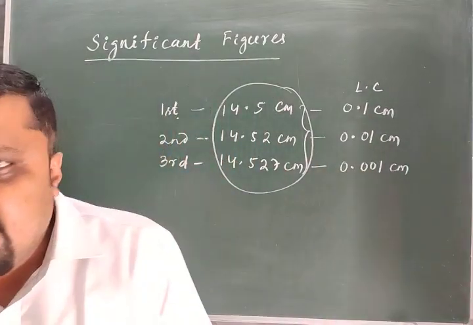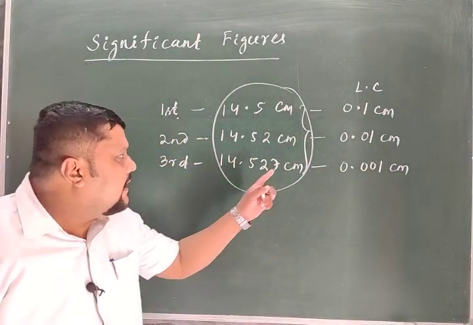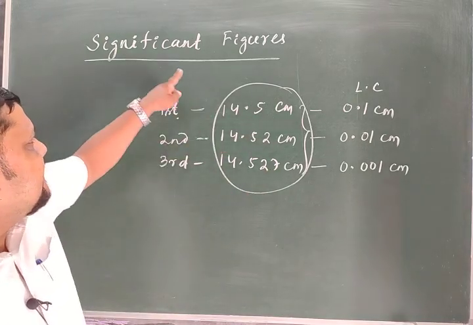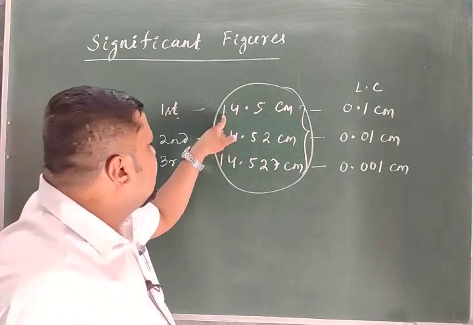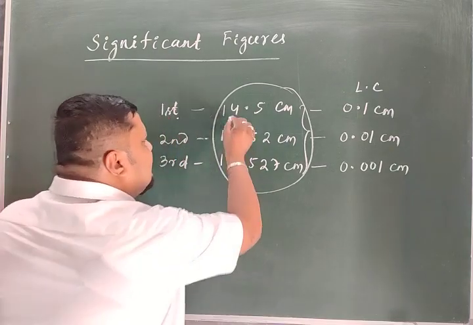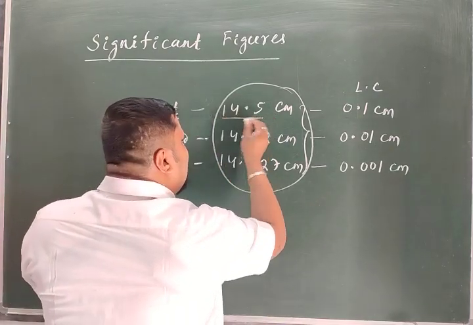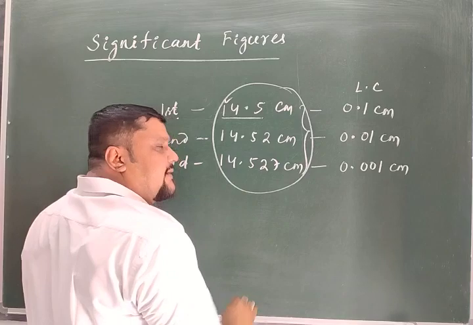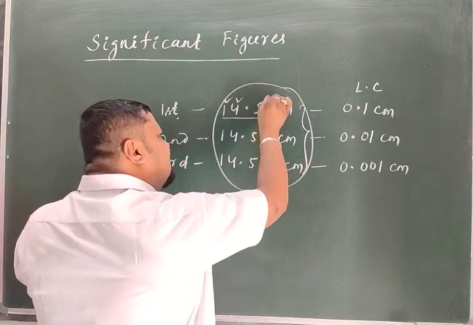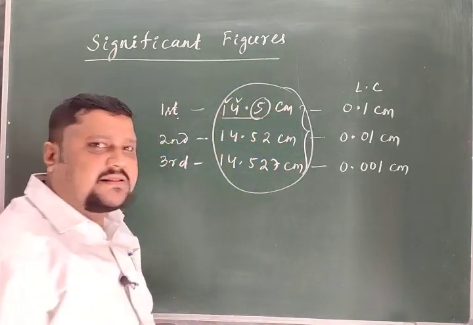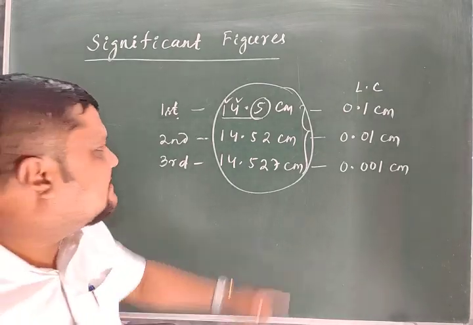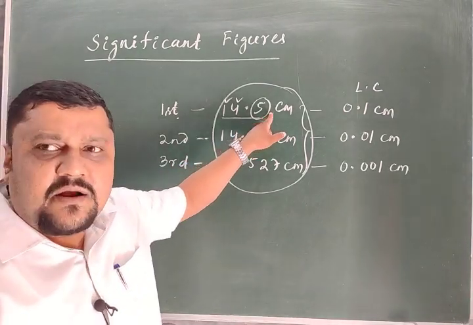Clear? So, from there we got an information that in the first measurement, 1 is significant, 4 is significant, but this one is not significant. Means it is not certain.